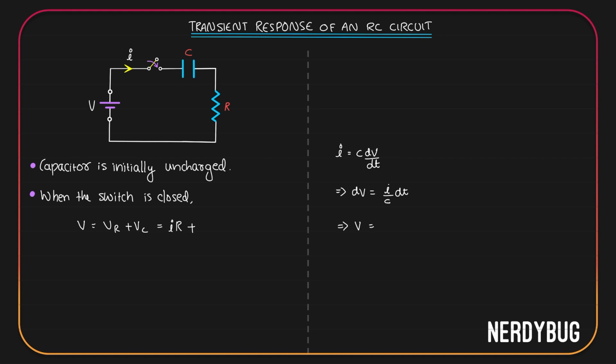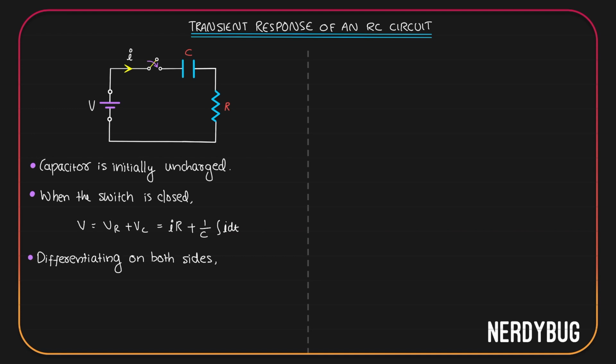It doesn't depend on time, so let us keep it outside. Integral I dt. So potential across the capacitor is 1 by C integral of I dt. So we get V is equal to IR plus 1 by C integral I dt.